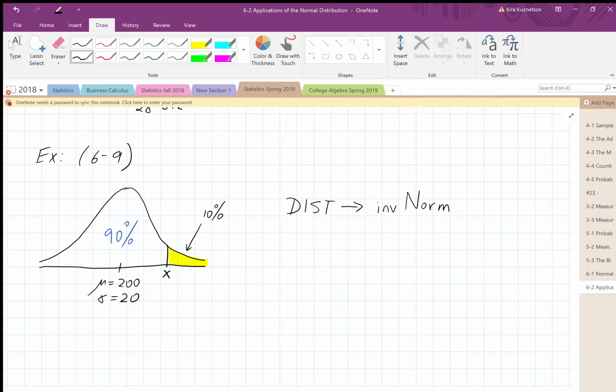If you paste this, you will get to a TI-83 menu. So the inverse norm is calling out for the bottom area, the mu, and then sigma. If you push enter, it will give you 225.6.